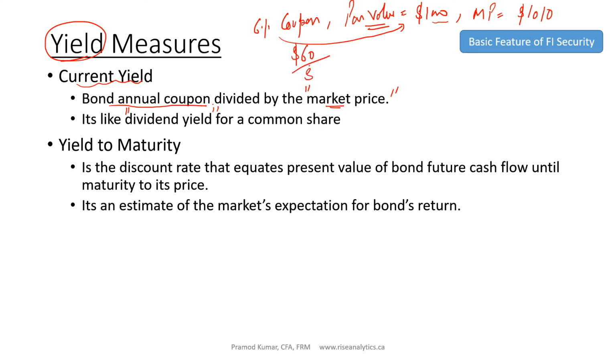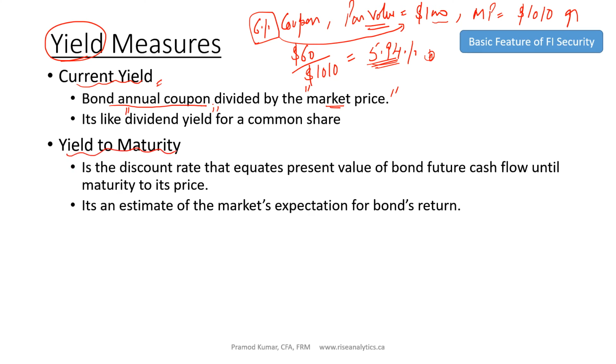Divide by the market price of $1,010, which comes to 5.94%. Because the market price goes up, the yield here is not 6% as we are actually getting, we are getting 5.94%. Okay, so that's just the small topic here.